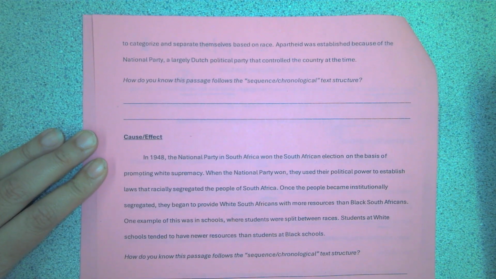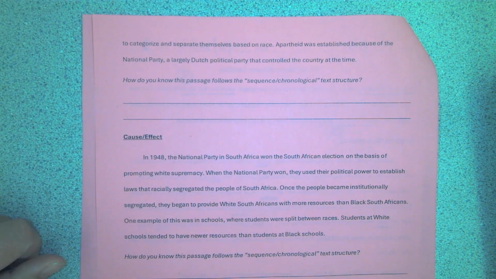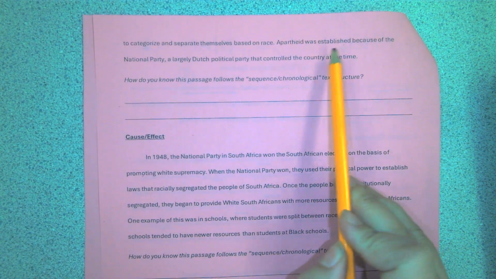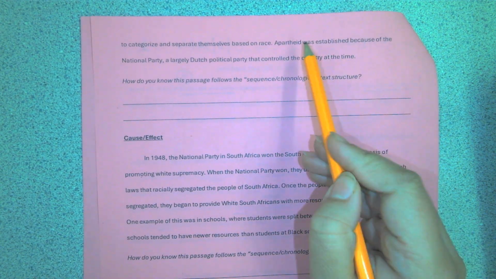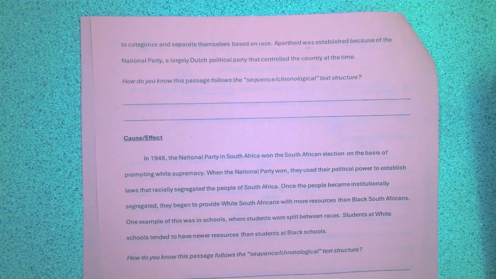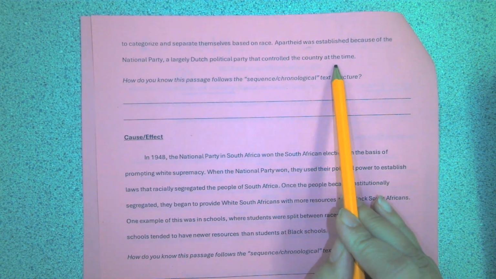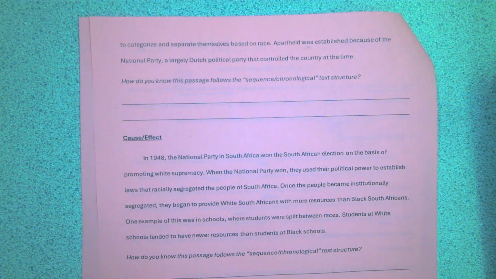Does this tell us what apartheid was or why it was established? I think it tells us why it was established. So that doesn't really tell us exactly what apartheid was, right? We have to dig a little deeper with some of these sentences and figure out what the meaning of them actually is.